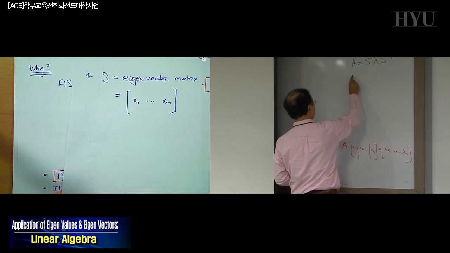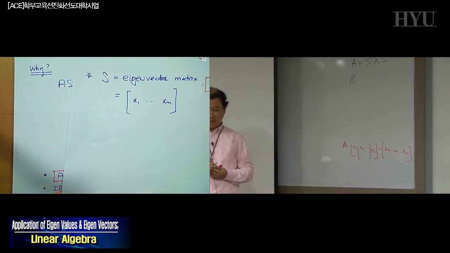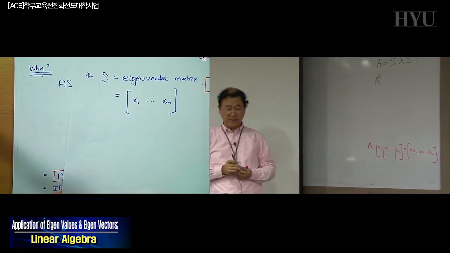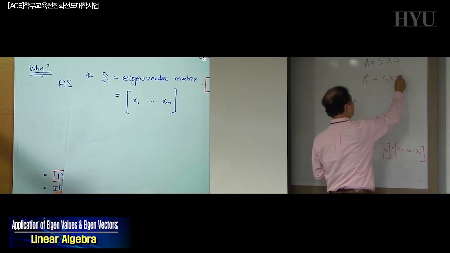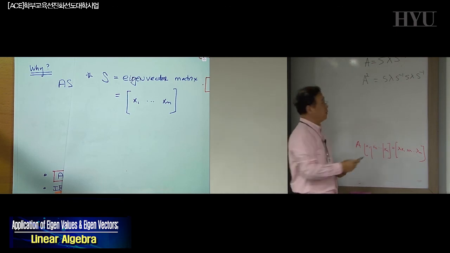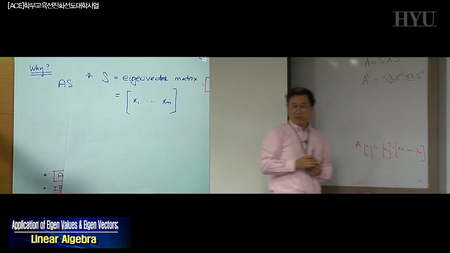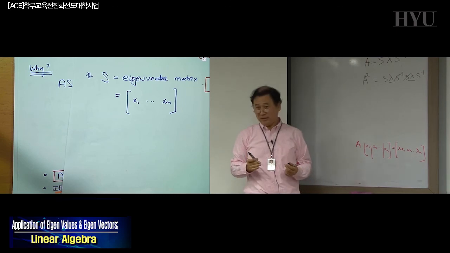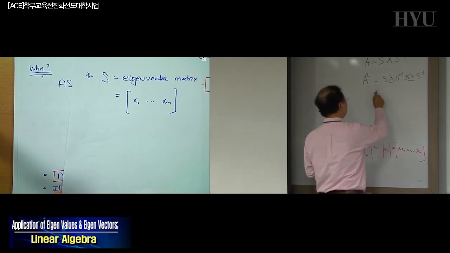What is A squared? It's A times A. This is no problem. We can cancel this out, right? What's the multiplication lambda by lambda? It equals lambda squared. It means each diagonal entry is squared, right? This is lambda squared, and then we just put S inverse, right?